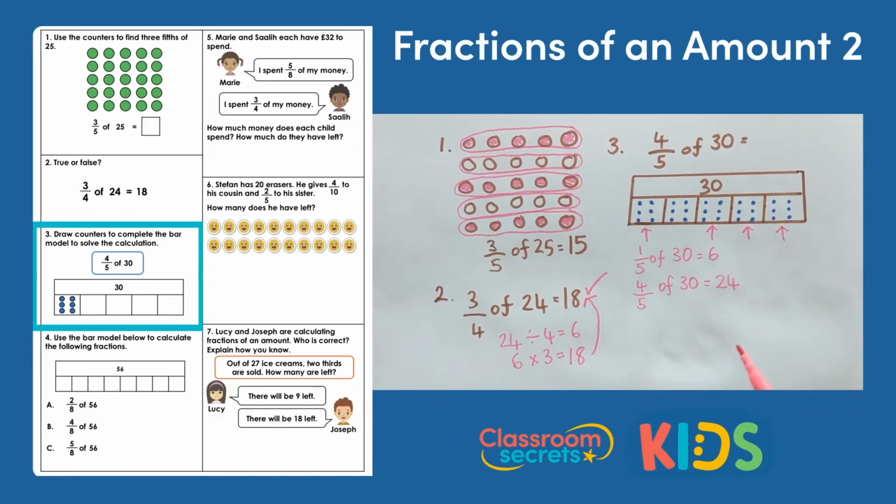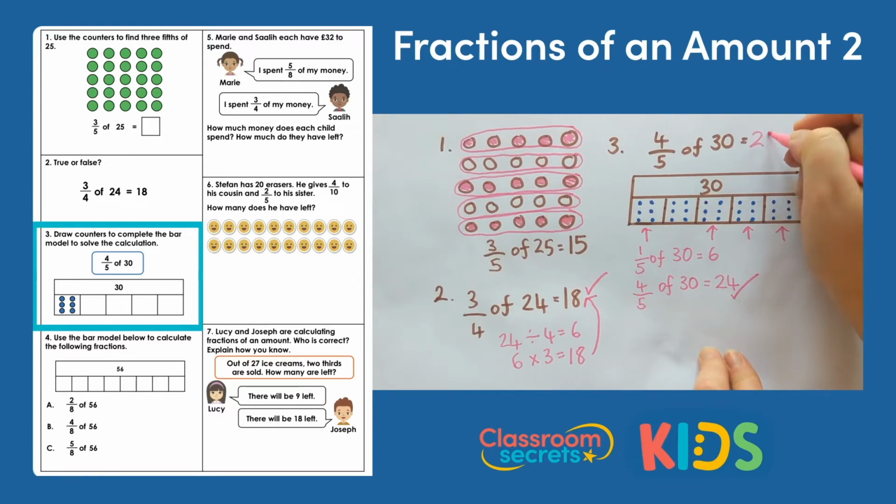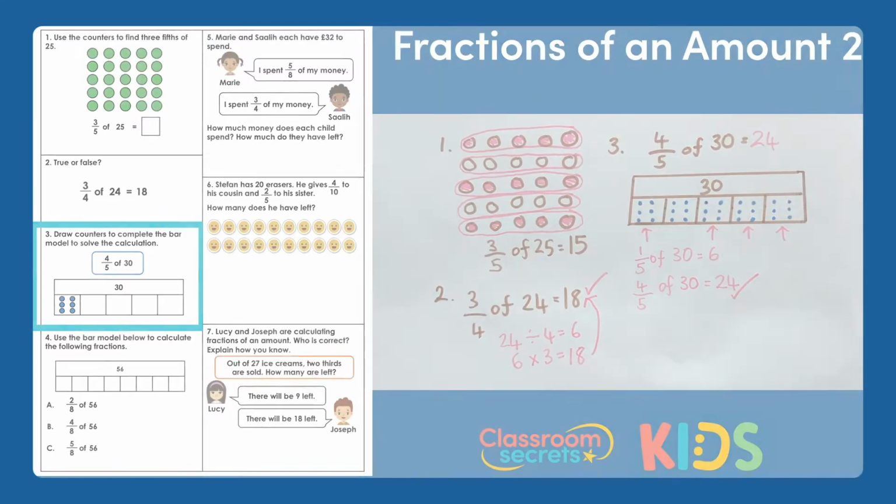Just to check, we can count 1, 2, 3, 4, 5, 6, 7, 8, 9, 10, 11, 12, 13, 14, 15, 16, 17, 18, 19, 20, 21, 22, 23, 24. And there we have our answer, which we can also write there.